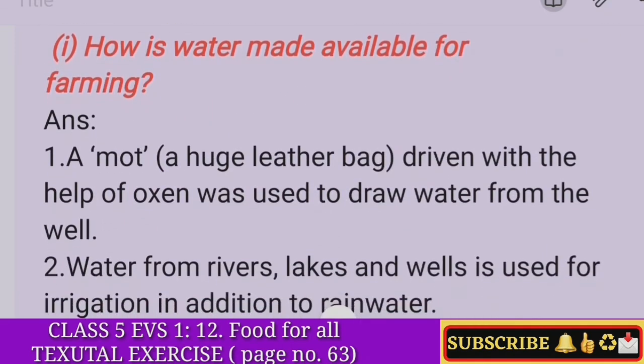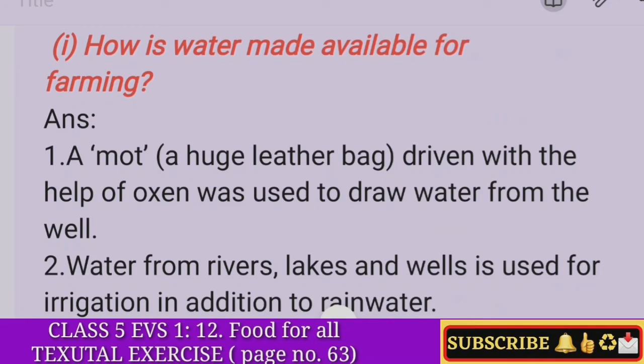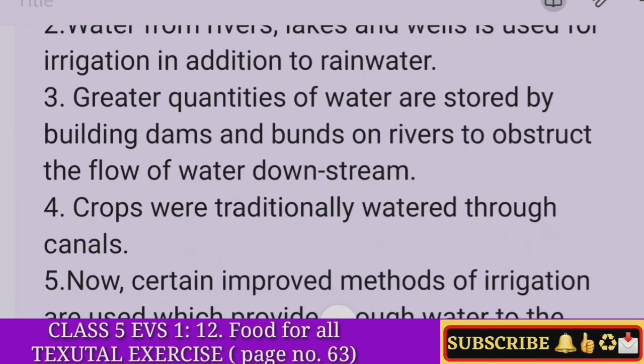I. How is water made available for farming? The answer is 1. A moat, a huge leather bag driven with the help of oxen, was used to draw water from the well. 2. Water from rivers, lakes and wells is used for irrigation in addition to rainwater. 3.